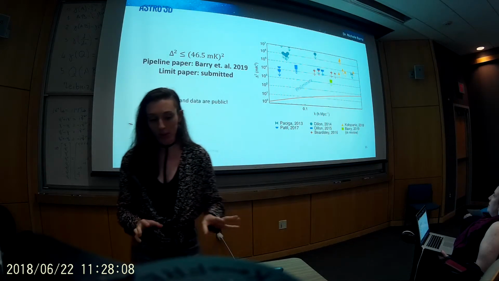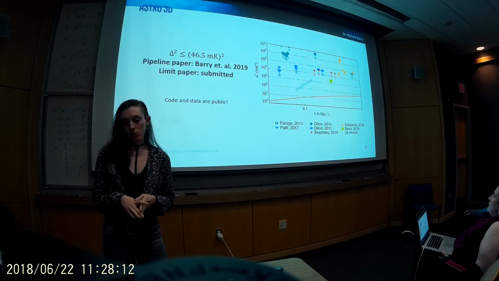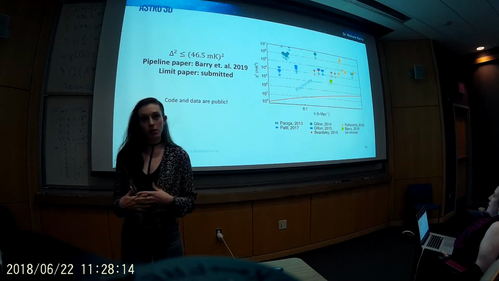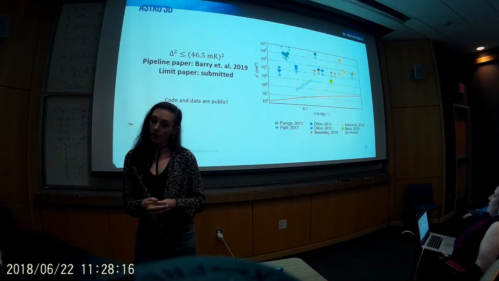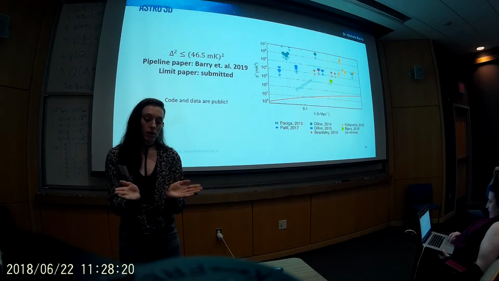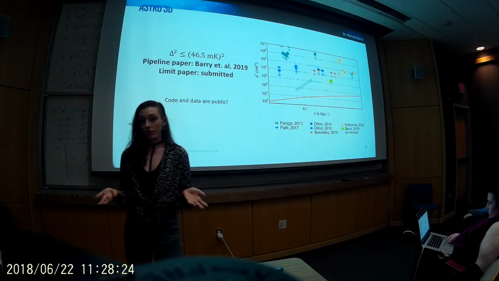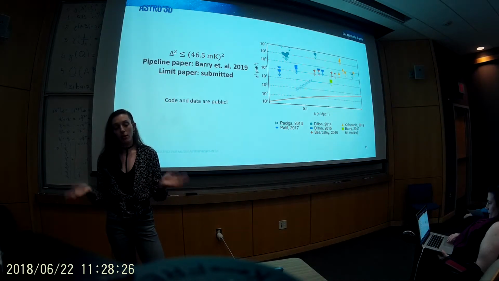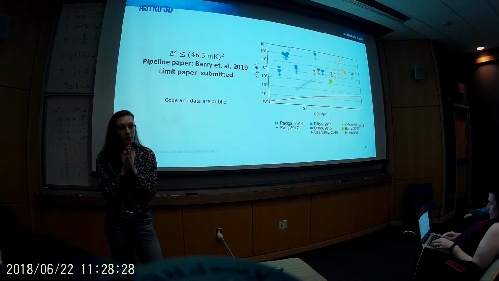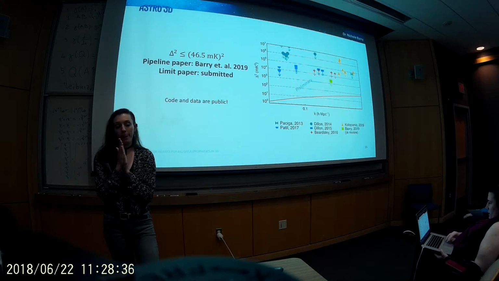I do want to take 2 seconds, with the time that I have left, to talk about an issue that we ran into that might change the limit a little bit. So what we were doing is that when you take a Fourier transform of frequency to get to kV, you need to fold your kV together. And we found that our folding technique was off by 1 bit.